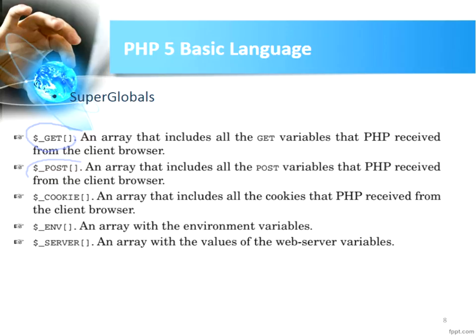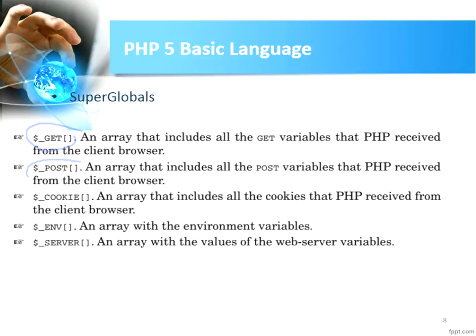For example, $_GET is a predefined array, and this array includes all the GET variables that PHP received from the client browser. $_POST also is an array that includes all the POST variables that PHP received from the client browser.